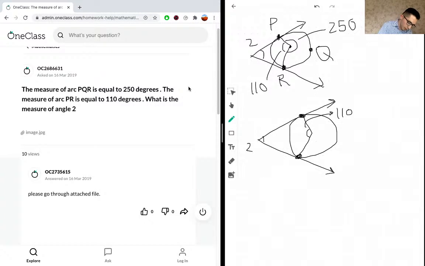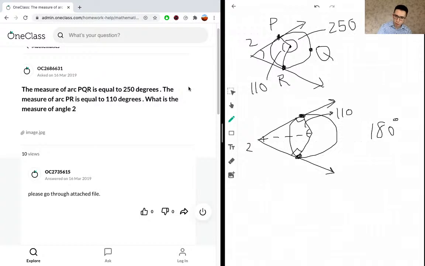So we can draw a straight line right down the middle. And we can see that this side over here has a right angle, and this side over here has a right angle. And we've split up the question into two triangles. If we add up all the angles of one triangle, we'll get 180 degrees.